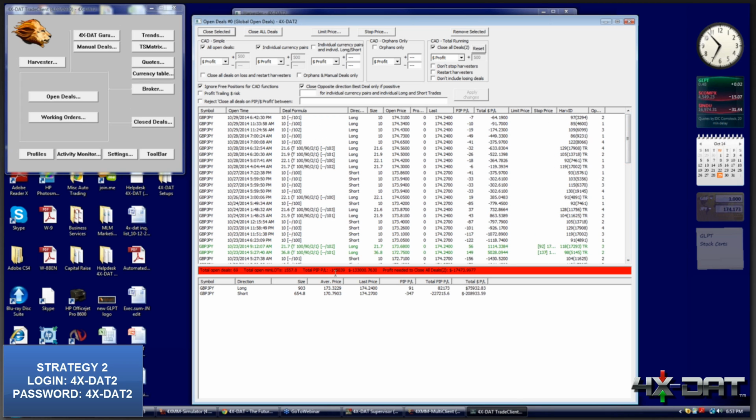Now, what we're looking at is currently there's minus 133,000 in negative trades. However, the drawdown is only about $17,000. That means that there's about 115,000 or so of trades that have already been put into the closed deals window.